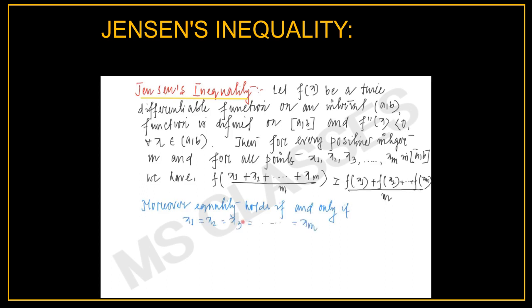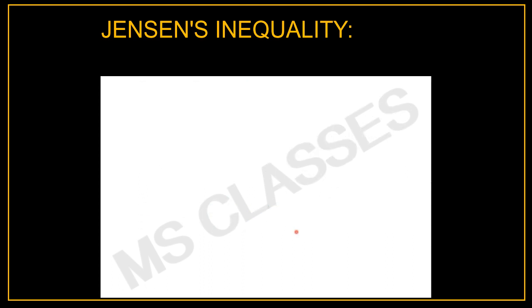Now we try to understand what is the meaning of all this that we have told. Instead of taking this m number of points, we take just two numbers and analyze the whole thing. I consider here a function f(x).